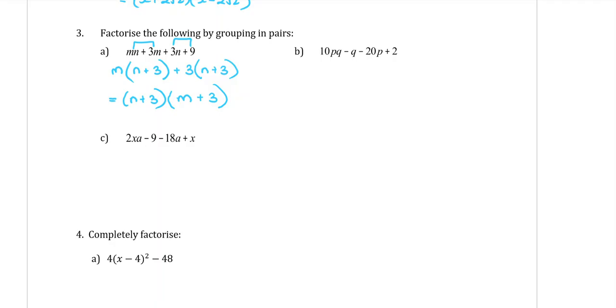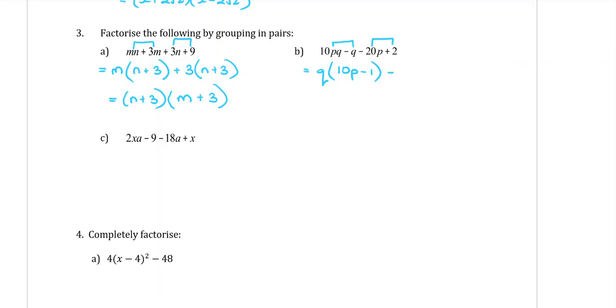Question B. Again, let's look at the first and second term first. I can factorize out of there a q. That would leave 10p take away 1. Now the third and the fourth term, I can factorize out a 2, but if I factorize only a 2 out, I would get a negative 10p, which is not quite right.